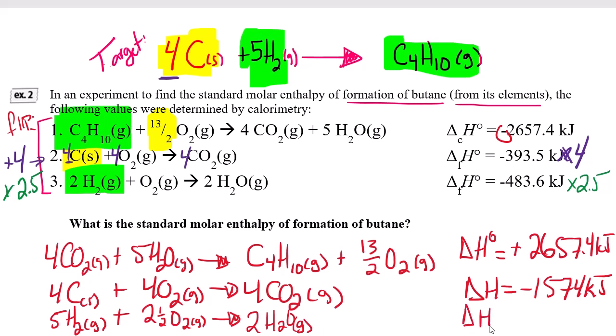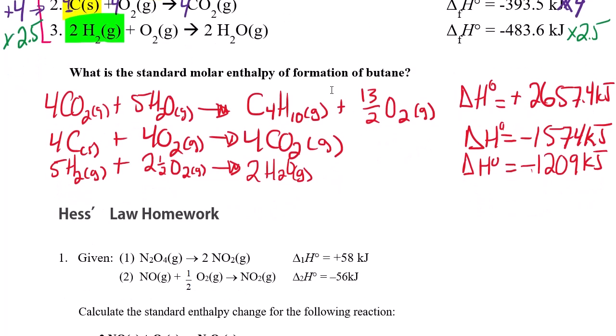And then my enthalpy, I need to multiply by 2.5, which gives me negative 1209.0 kilojoules.